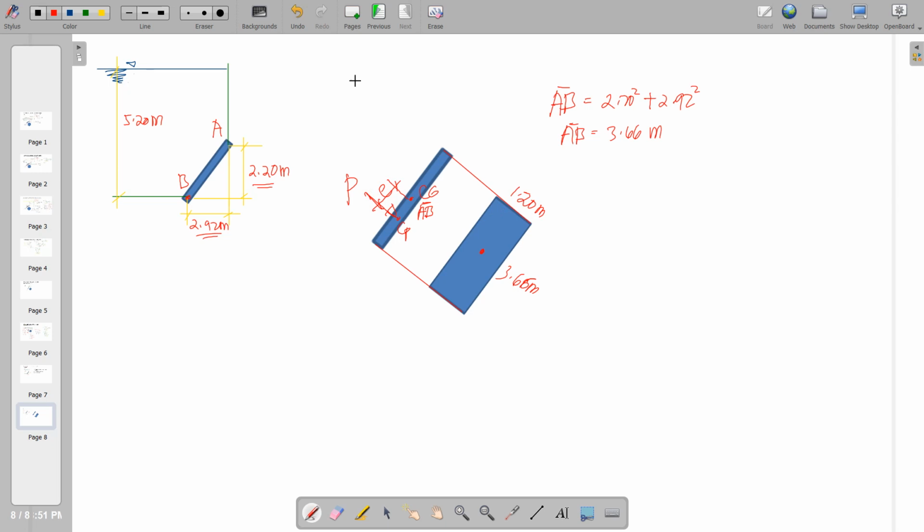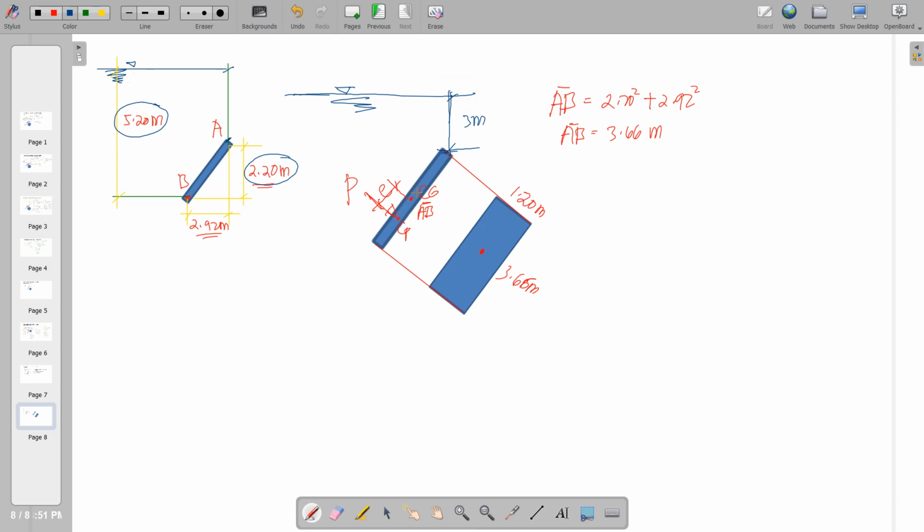So we illustrate here the liquid surface, and the distance of this, since this is 2.2 and that is 5.2, the remaining dimension up to this point is 3 meters. So we label this as 3 meters.